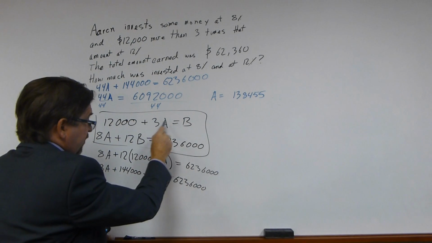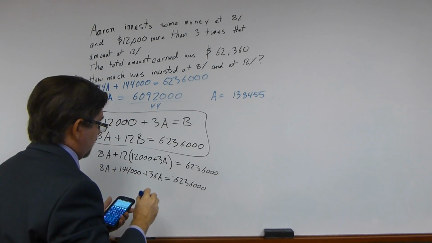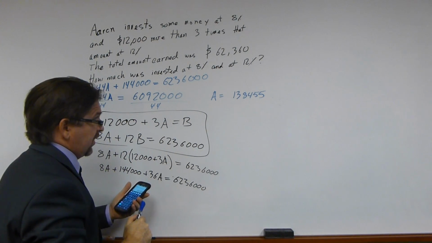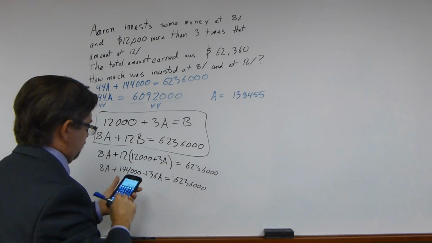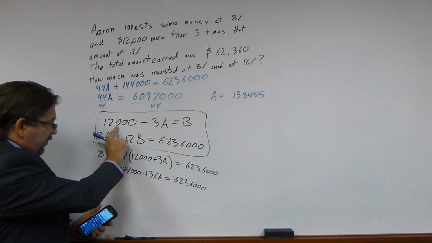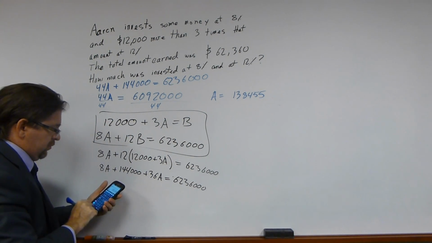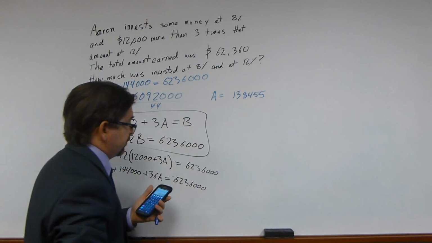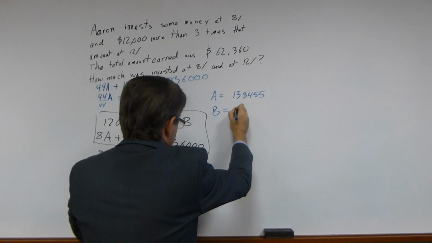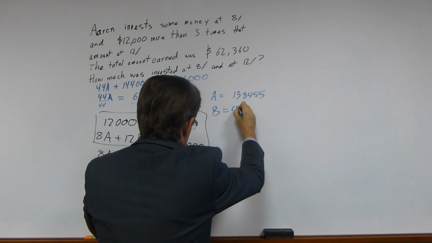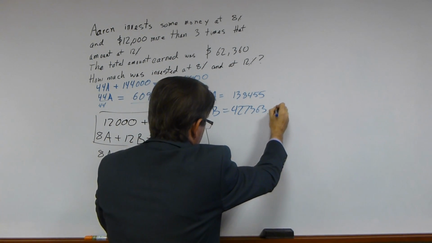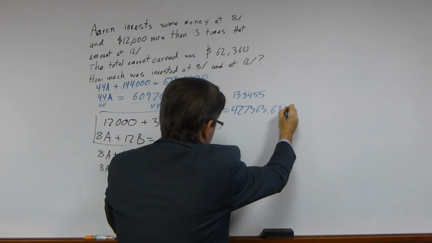So 3 times A, put that in my calculator. I get 415,000 some odd, plus 12,000. And I get 427,363.636.